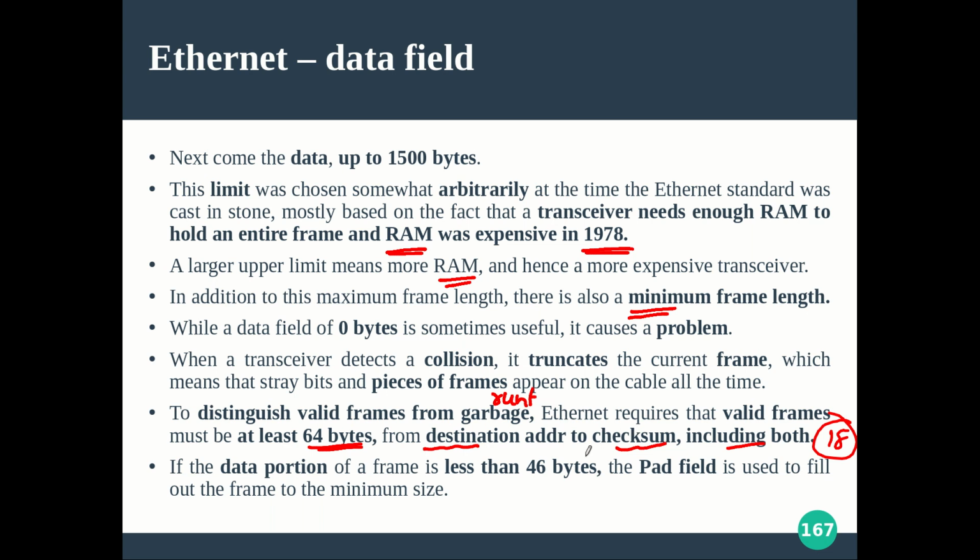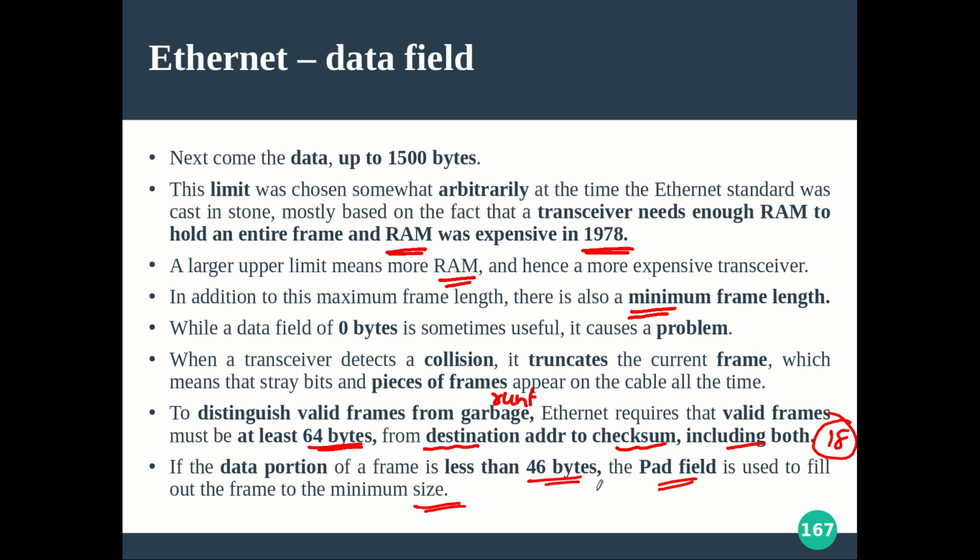So if you look at the data part alone, 64 minus 18 is 46, right? 46 bytes of data should be there, and if the actual data is less than 46 bytes, we have the pad field of size 0 to 46 bytes, where we will pad zeros to make the frame of minimum size. If the actual data is less than 46 bytes, you can zero pad it and make it of minimum frame size.